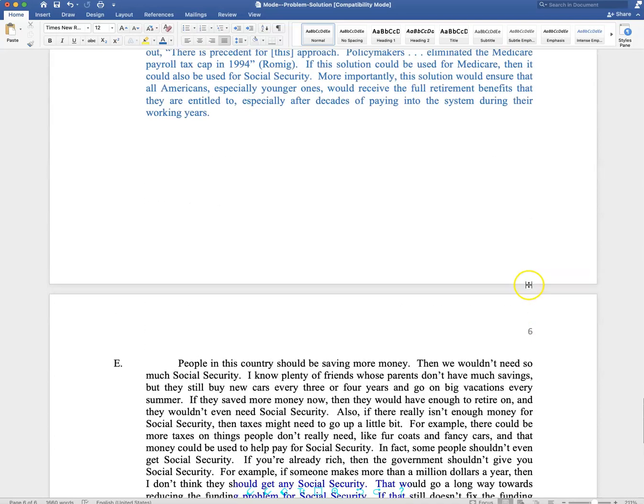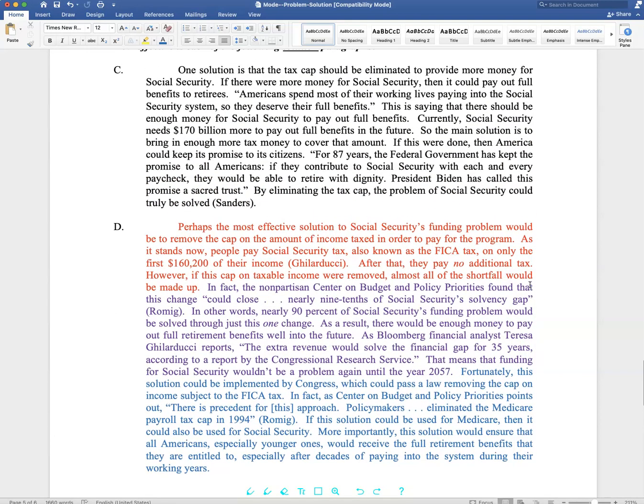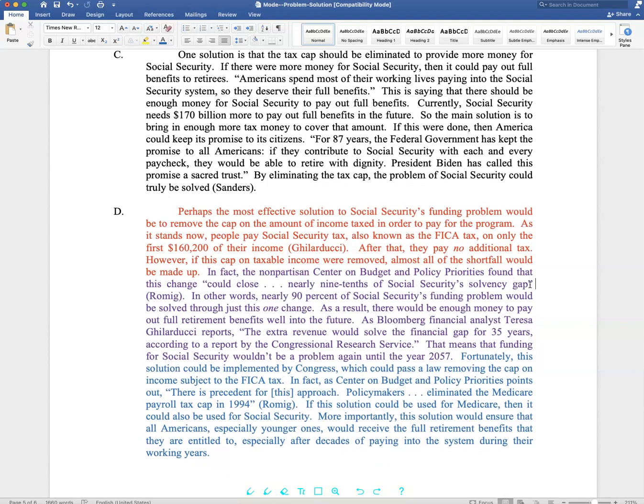So if we're looking for a good solution paragraph, look at D. It follows the correct format of definition, feasibility, implementation, and it has good evidence from sources to support each of those sections.